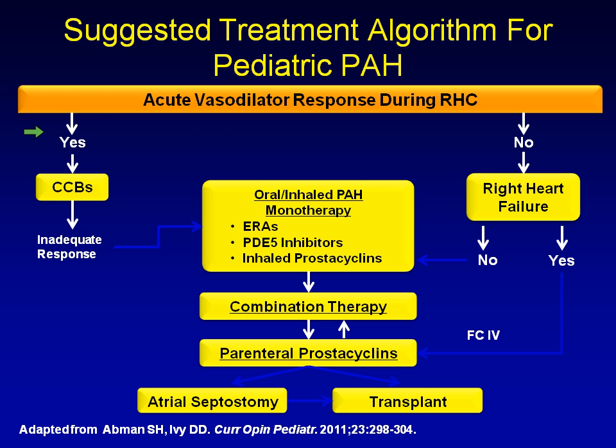So when you sit down with your physician, these are the kind of discussions that we have, about is your child reactive at the cath? If yes, we might try this. Do they have heart failure and severe disease? We might go straight to an IV therapy. If they don't, we might start with one and pretty quickly add another, and then consider adding an inhaled or an IV medication.